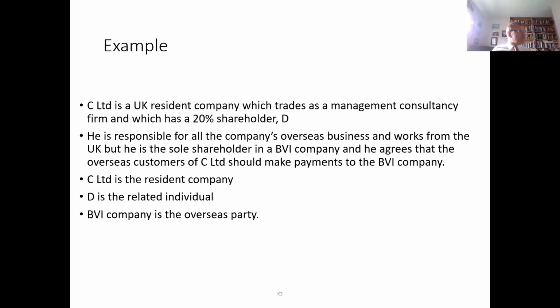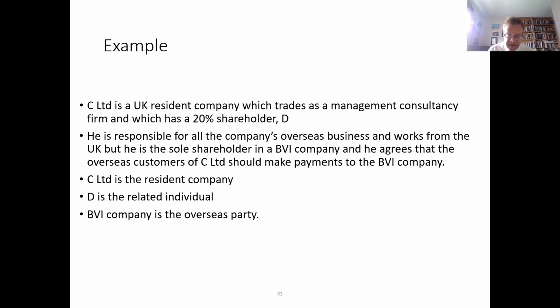C Limited is a UK resident company which trades as a management consultancy firm and has a 20% shareholder, D. He is responsible for the company's overseas business and works from the UK, but he's the sole shareholder in a BVI, British Virgin Islands, company, and agrees that overseas customers of C Limited should make payments to the BVI company.